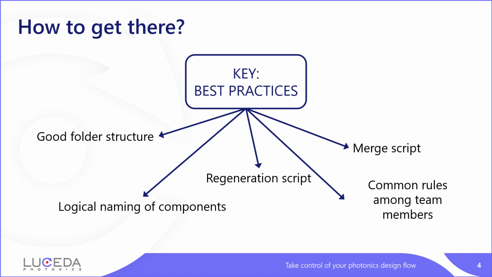That's apparent to the team leader and yourself too. Everybody is going to follow the common rules among the team members, so we are sure that we are doing the same thing, and the team leader will be confident to merge the design and submit to the fab as fast as possible.